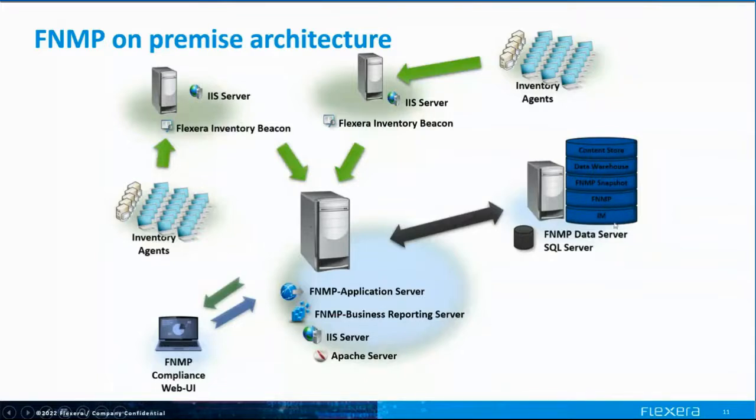You have an inventory manager database, which is the inventory layer. You have a FlexNet Manager or FNMS compliance database, which is storing the data related to contracts, inventory, and license consumption. And we have this FNMS snapshot database, which basically contains the cache data of the reports when you run them, to have better performance.